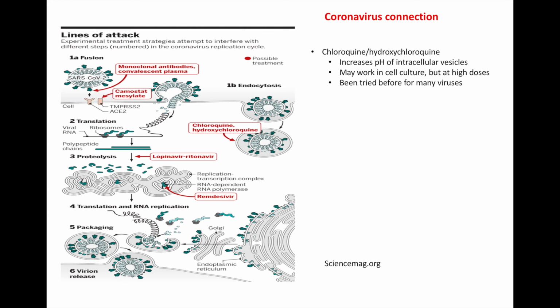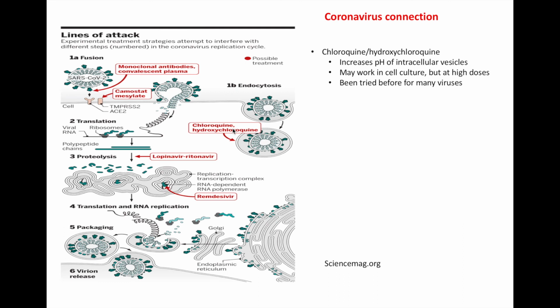So the idea with using that drug was that when the coronavirus was endocytosed into the cell after binding to the ACE receptor, it would fuse with an endosome. There'd be a pH change, and that would release the coronavirus into the cell, and then the ACE receptors would go back up to the cell surface.